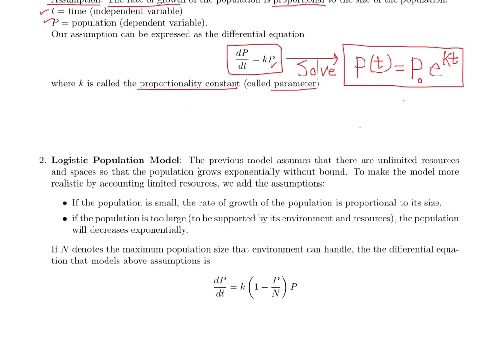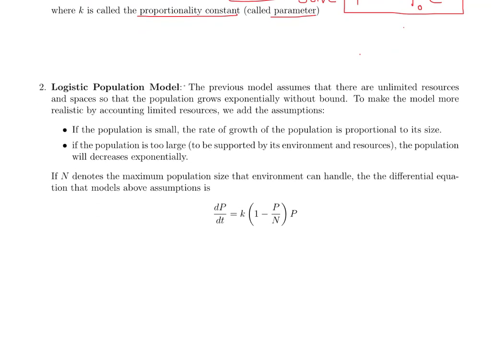The next model is to make this previous model look more realistic. So we have to add some assumptions. There are two assumptions for this model, and this model is called the logistic population model.